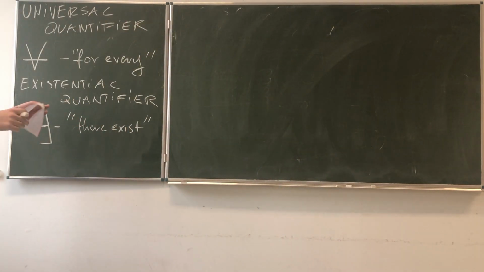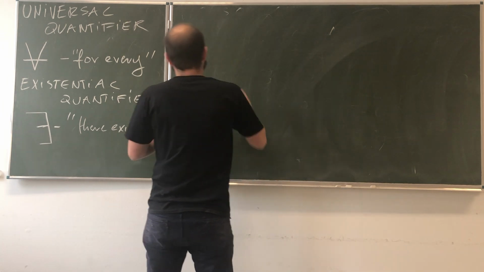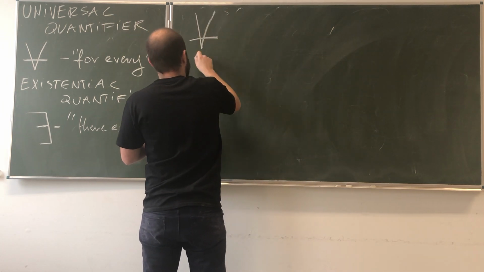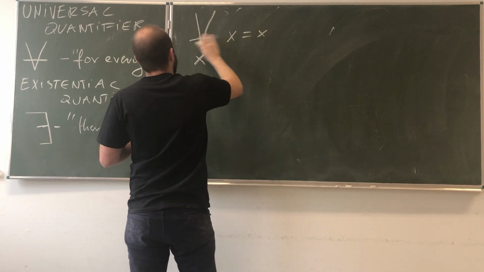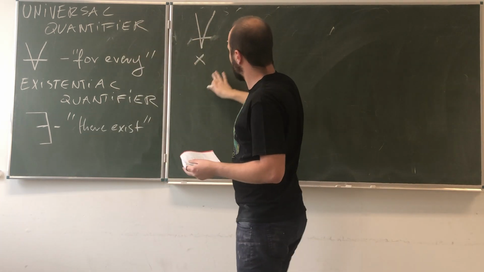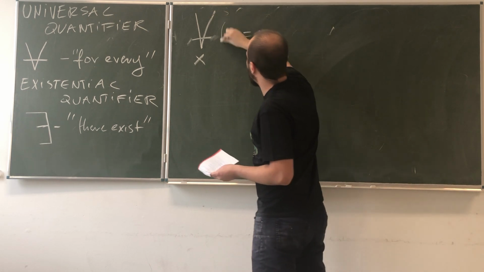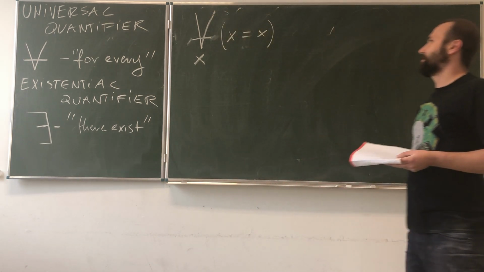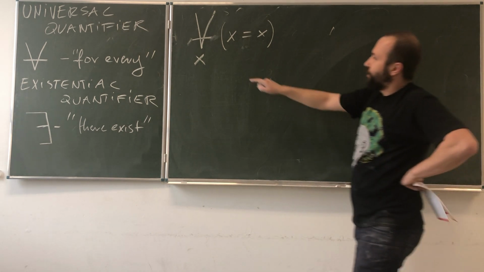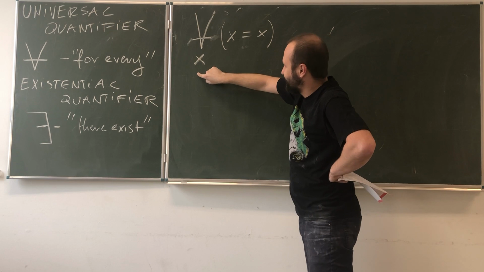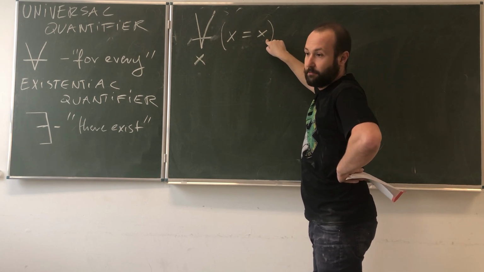We will assess their logical statements. Okay. So we start with this. So here we have some group that we are concerned with, and here we have some statement for which we use this quantifier. So look, here we've got for every x, x is equal to x.